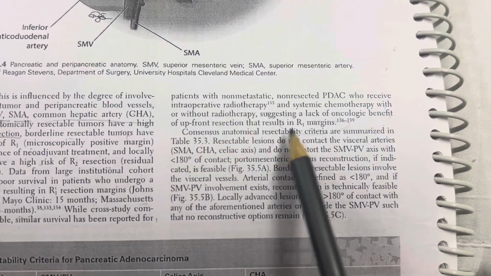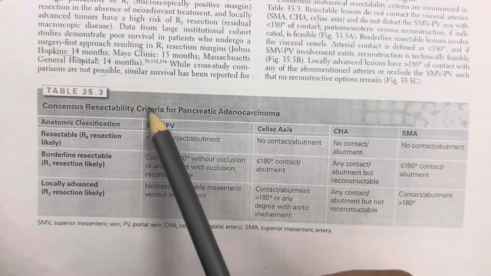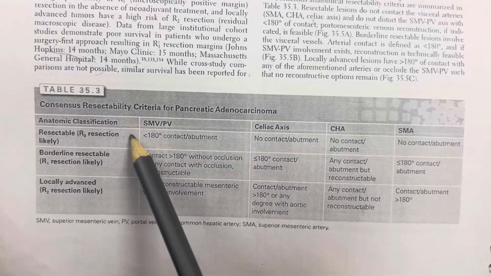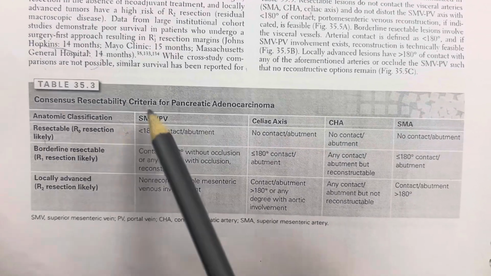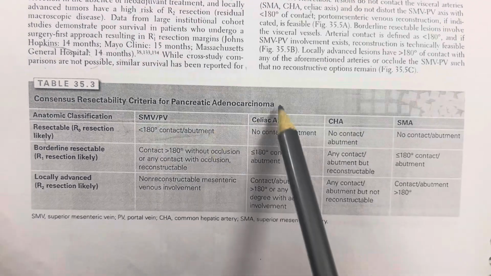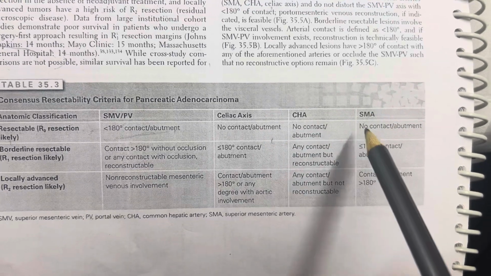So consensus anatomical resectability criteria are summarized in this table. What this table says is: anatomical classification resectable, R0 resection likely, in case of SMV portal vein less than 180 degree abutment, celiac axis no contact, common hepatic artery no contact, and SMA no contact.